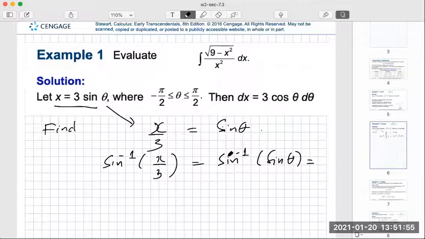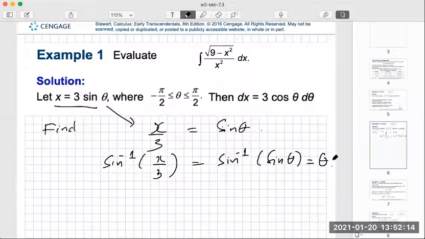Sine theta and then inverse of sine theta give us theta. This links us back to the one-to-one function. In order to take the inverse of a function, it should be one-to-one.